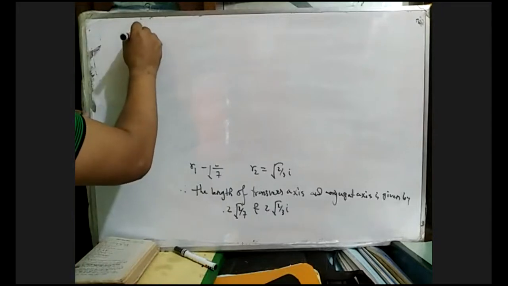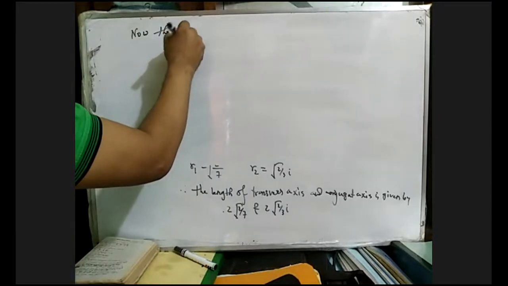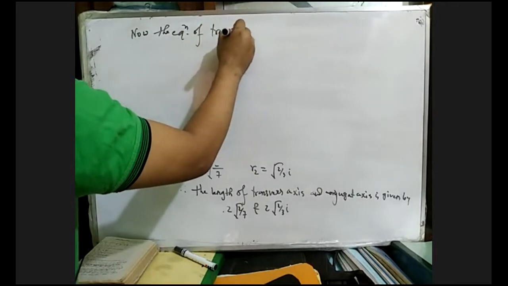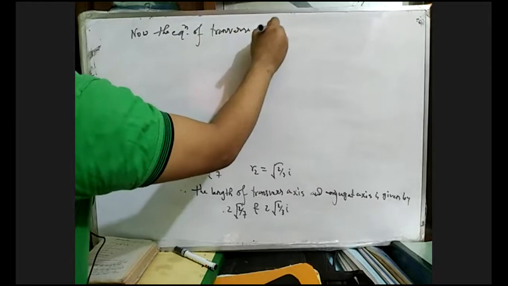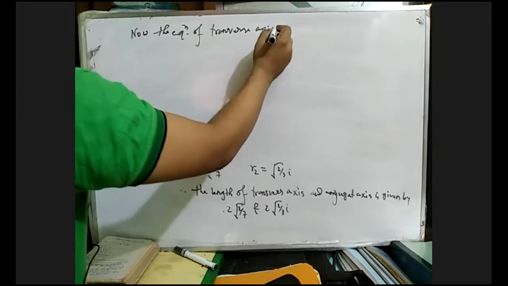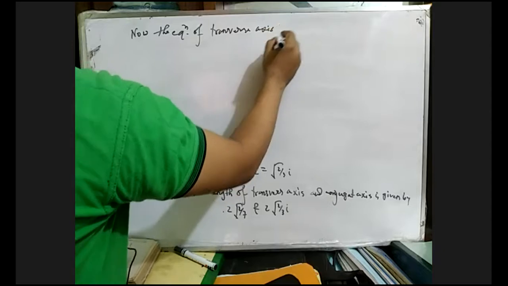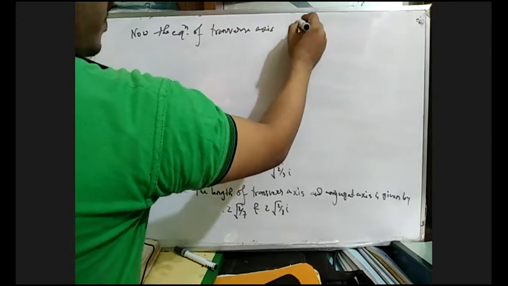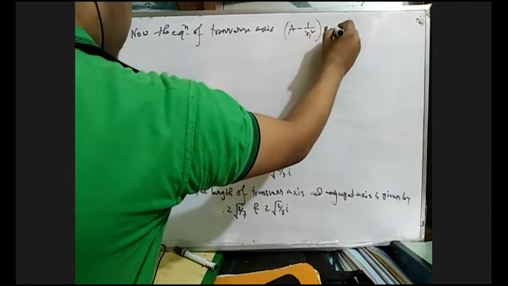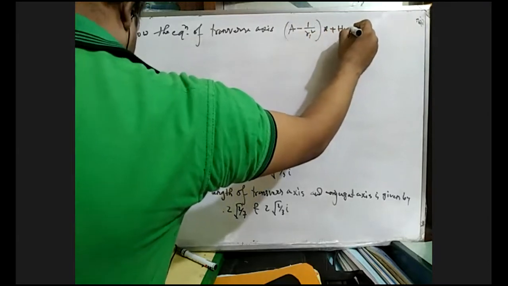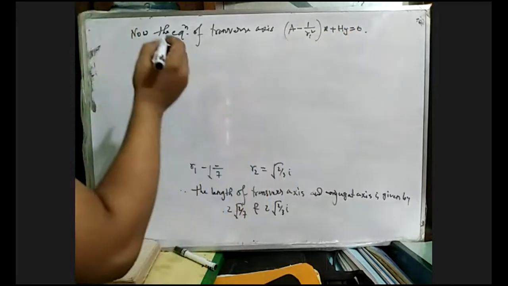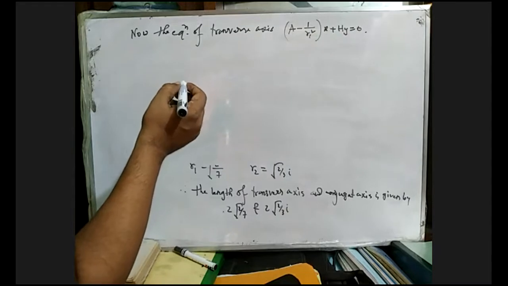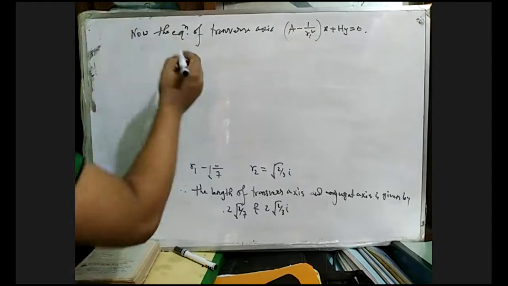Now the equation of the transverse axis is (a minus 1 by r1 squared) into x plus y equals 0. This is the standard form of the transverse axis of a standard equation of conics.